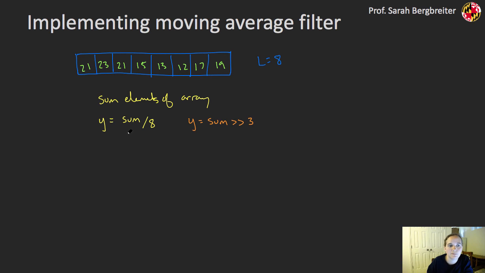That's doing the same thing as divide by 8, but this is a very fast way to do this on a microcontroller, and I still end up with an integer in the end. So it's a really simple implementation, which is why moving average filters are a very common thing to write into your Arduino code if you're trying to measure sensor data.